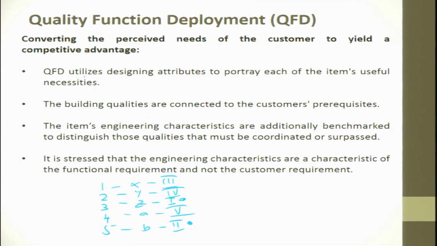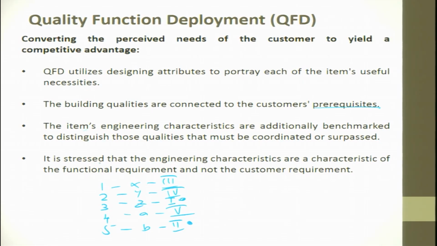Okay. Quality function deployment describes attributes to portray each of the item's useful necessity. The building qualities are connected to the customer's prerequisites. The item's engineering characteristics are additionally benchmarked to distinguish those qualities that must be coordinated or surpassed.